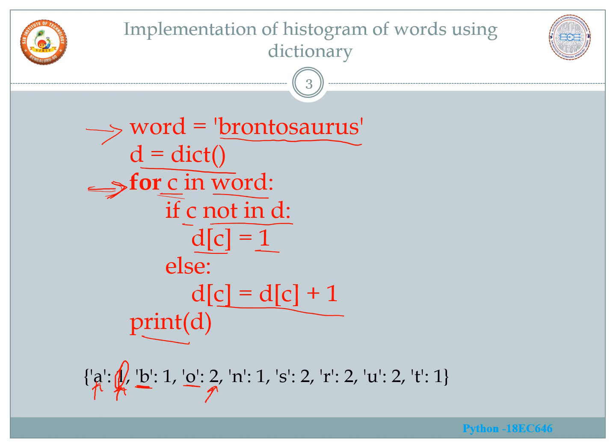Okay, so this is how the histogram can be effectively generated, and the output is shown below, where you can see that each character is initialized to 1 if it is not present in the dictionary, and it is incremented by 1 if it is already present in the dictionary.